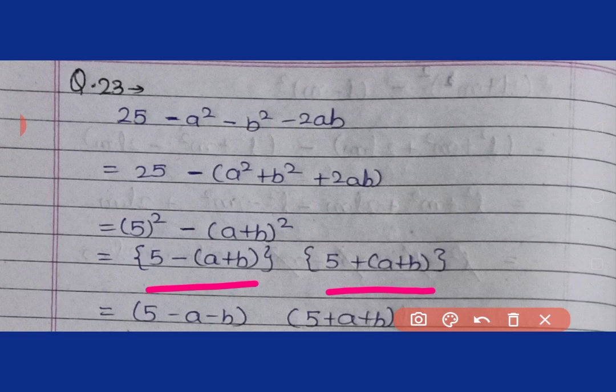So as you can see, in the first bracket, whenever the bracket opens, the minus sign multiplies with a and b both and changes the sign into minus: 5 minus a minus b. And in the second bracket the sign will not change because there is a plus sign outside. So we can directly write 5 plus a plus b.